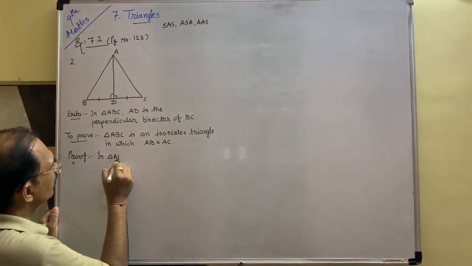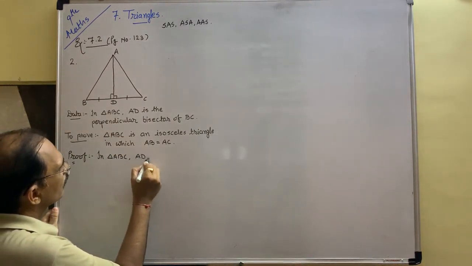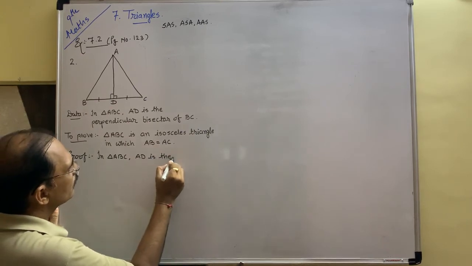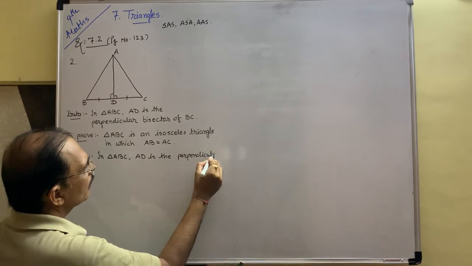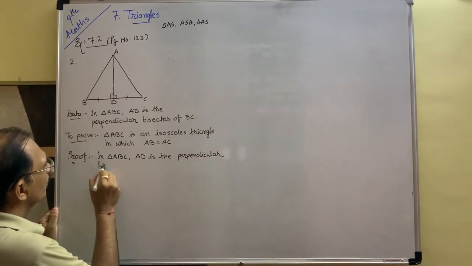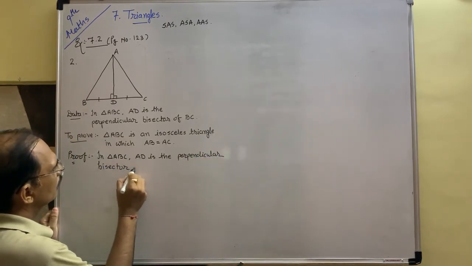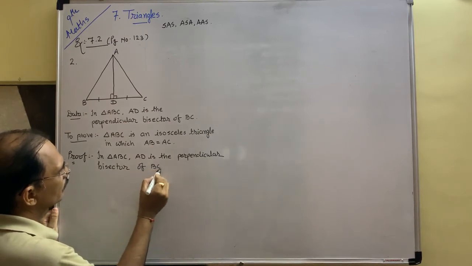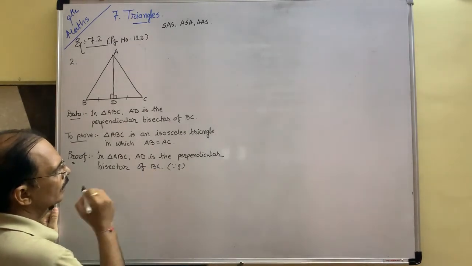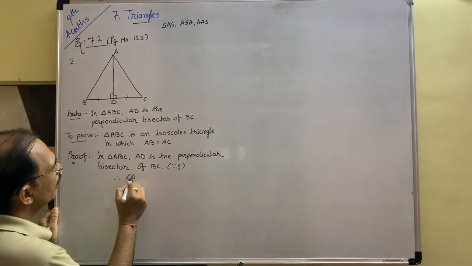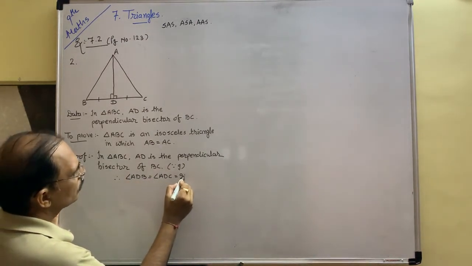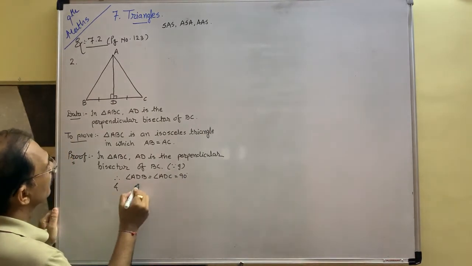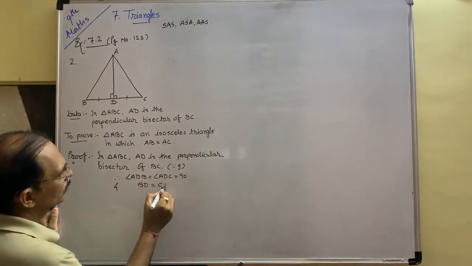In triangle ABC, AD is the perpendicular bisector of BC, given. It means angle ADB equals angle ADC, which equals 90 degrees, and BD equals CD.